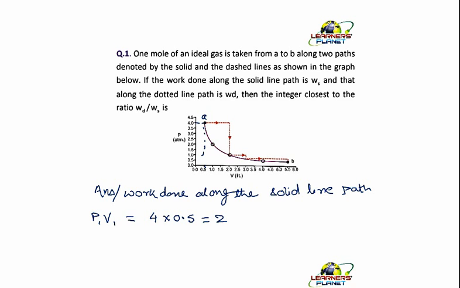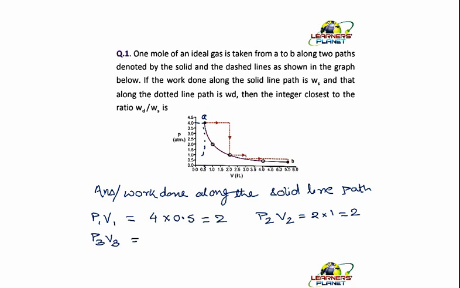Now if I take the second point, that is 2 and 1, your P2 V2 product comes out to be 2 into 1 and that is equal to 2. Likewise, your P3 is 1 and V3 is 2, so P3 V3 is equal to 2 again.